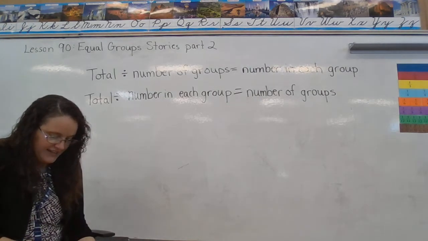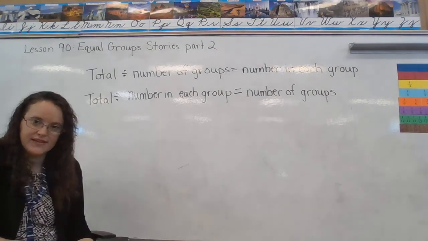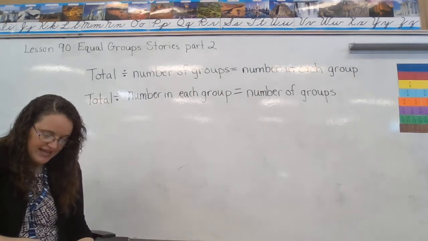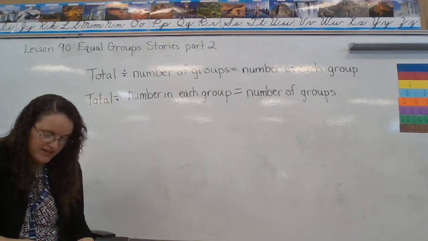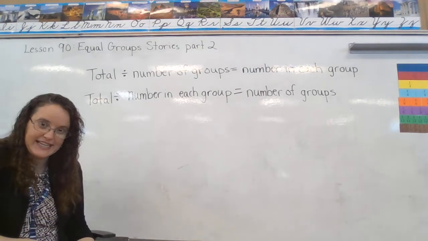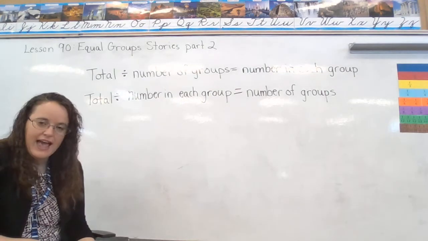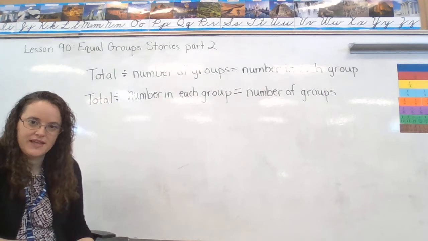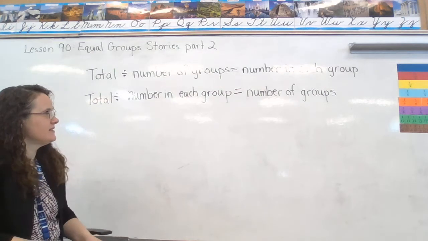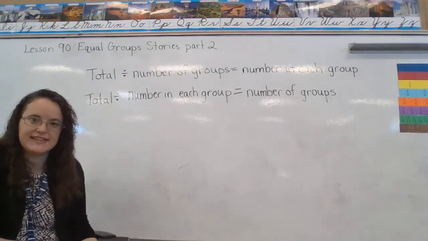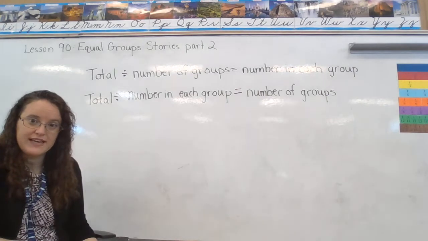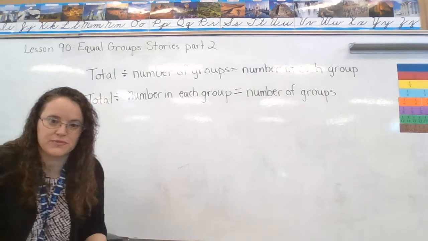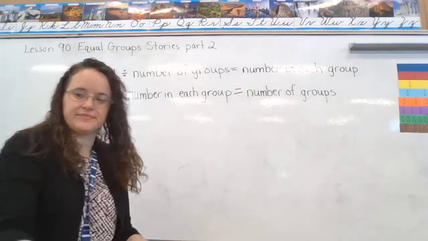How many stacks does he make? I'll read it again. Sylvester has 40 pennies. He puts them in stacks with 5 pennies in each stack. How many stacks does he make? Decide how you're going to set that up. Hit pause right now so that you can try to solve it on your own, and then come back when you're ready to see the answer.